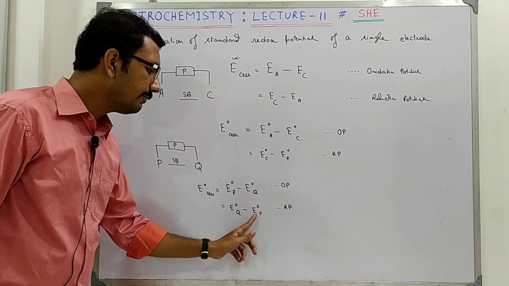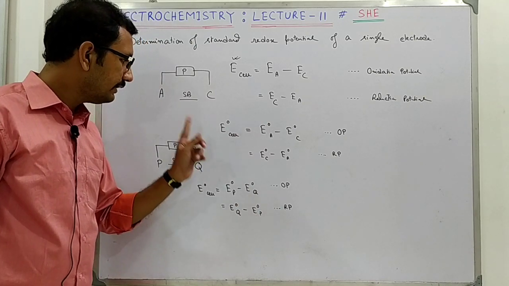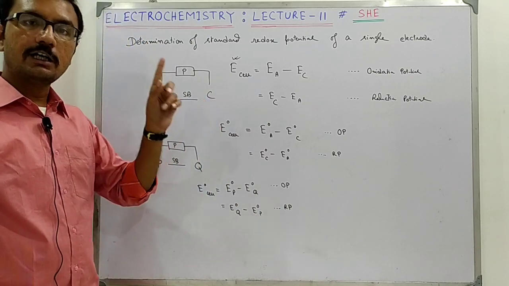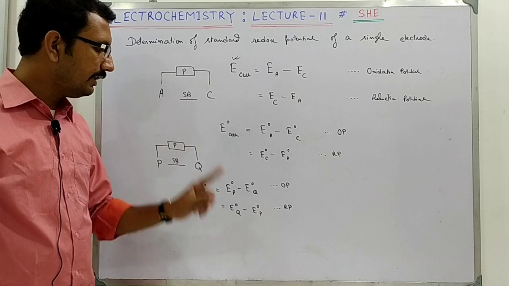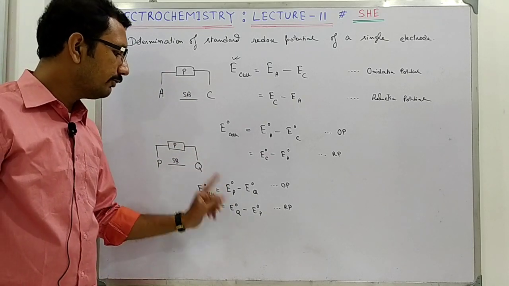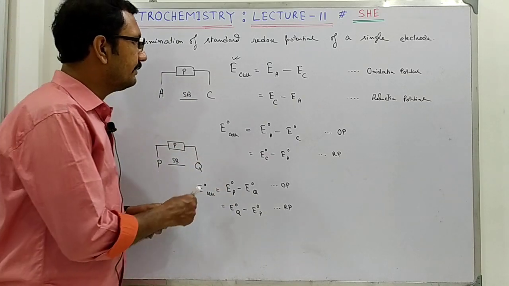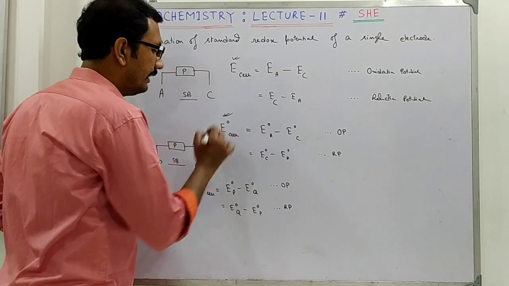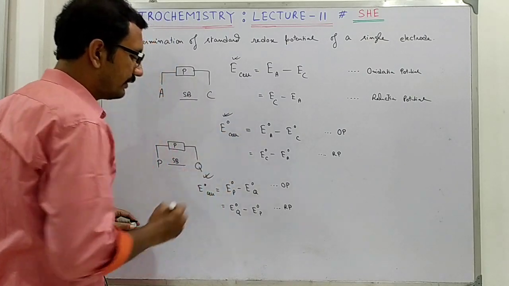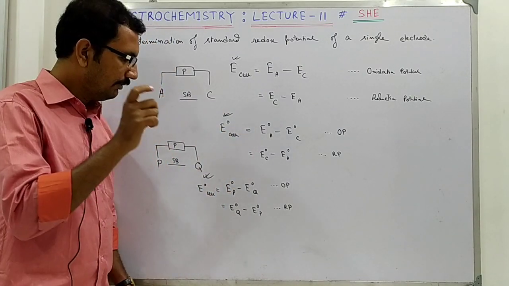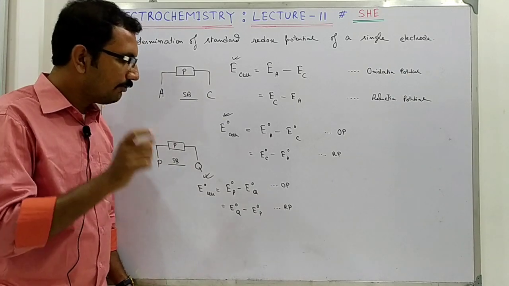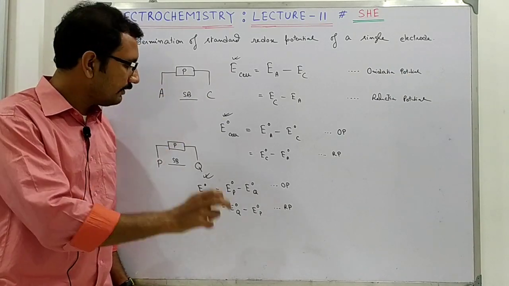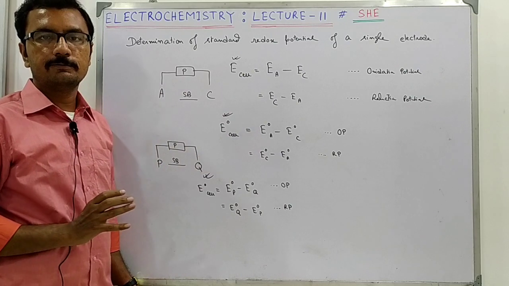These are the absolute values, but with the help of a potentiometer you are not able to determine the absolute value. You can only have the E0 cell, that is, you will be able to determine only the difference between the absolute values.